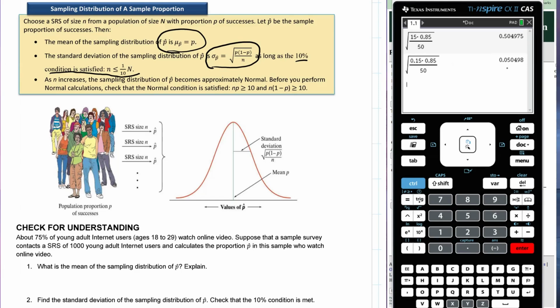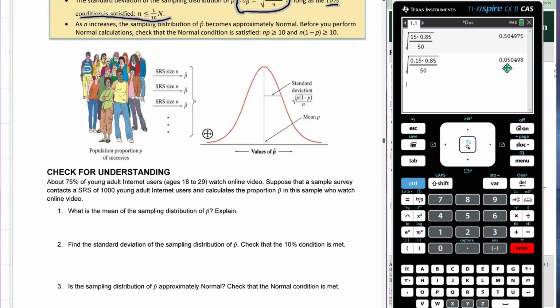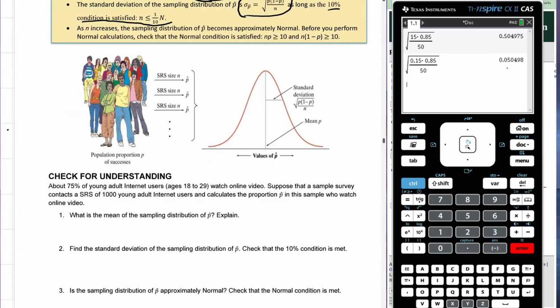Well, maybe you recall that a binomial distribution is approximately normal, but only if n times p is greater than or equal to 10, and n times 1 minus p is greater than or equal to 10, that is, we expect at least 10 successes and at least 10 failures.